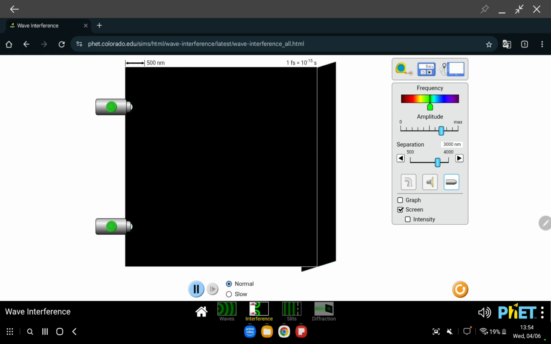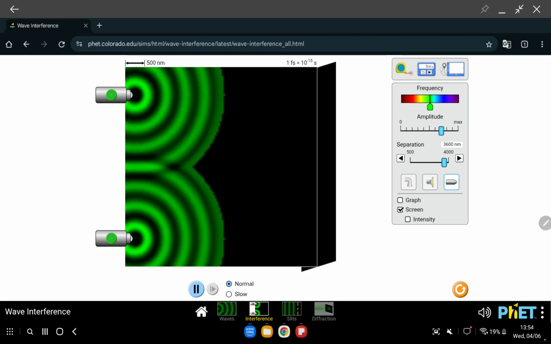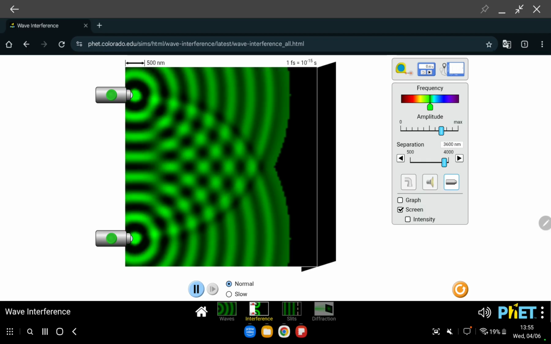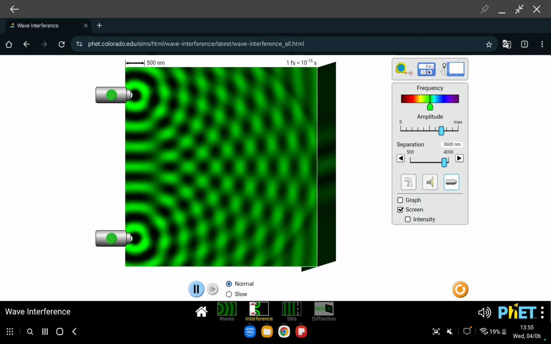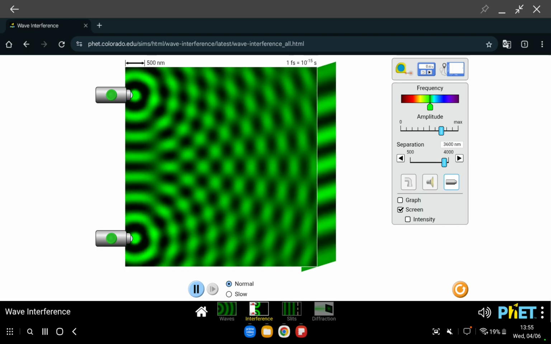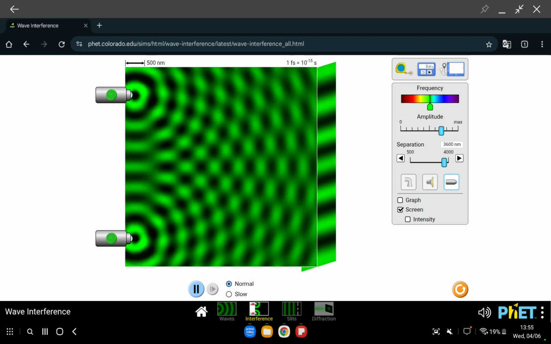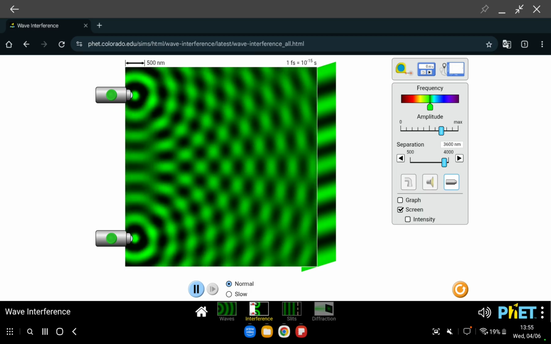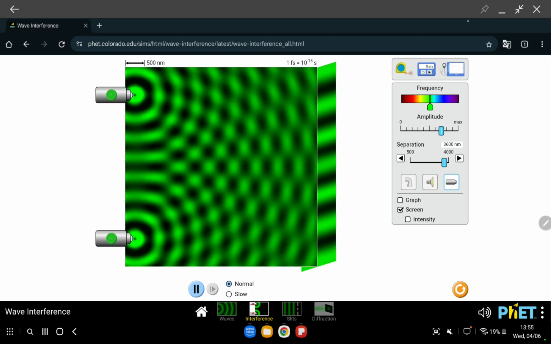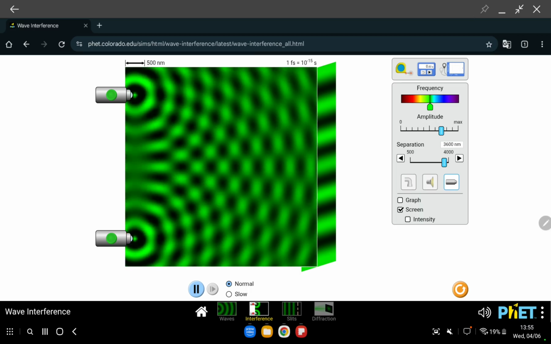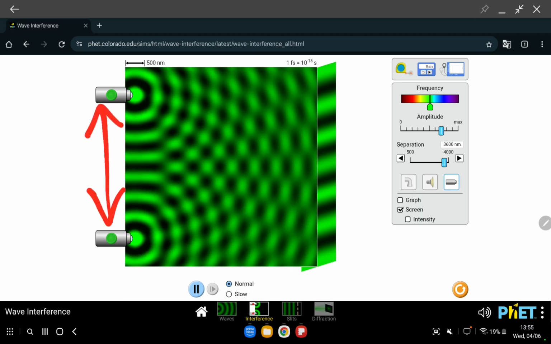Let's try to increase the distance between the two light sources and then check how interference happens. So here also, if you see, you're able to see even more number of fringes, right, when you increase the distance between the two light sources. So what have I done? I have tried to increase the distance between these light sources.